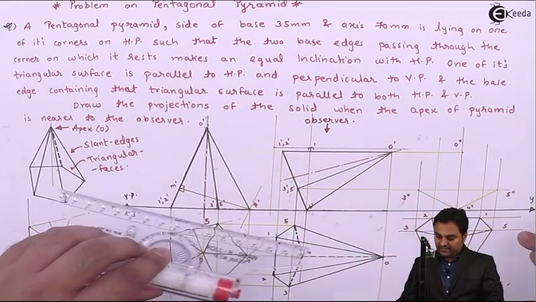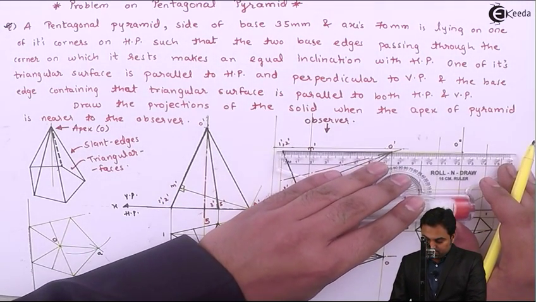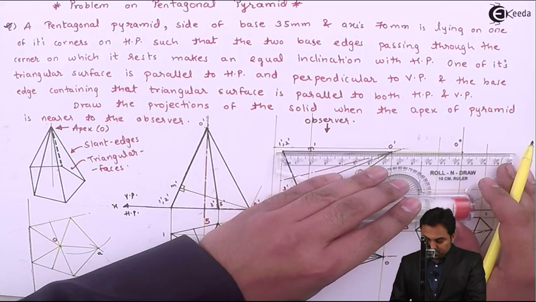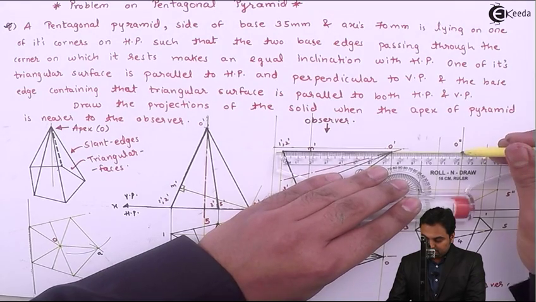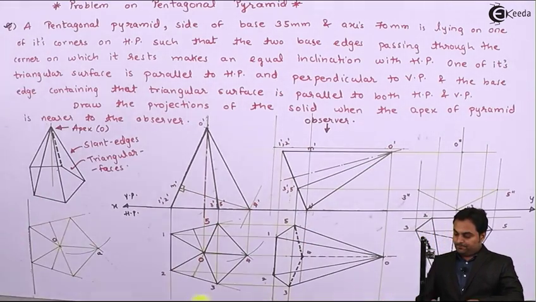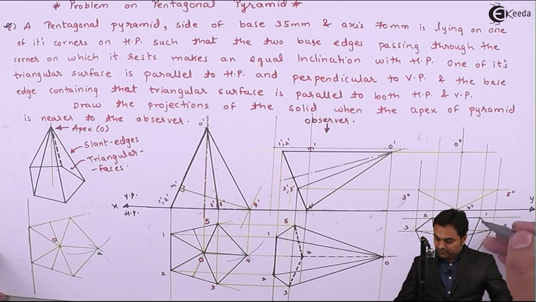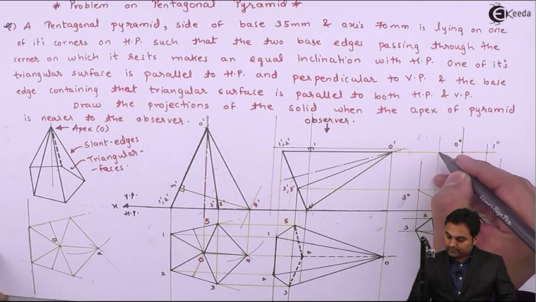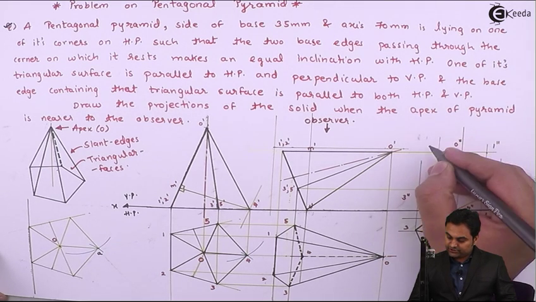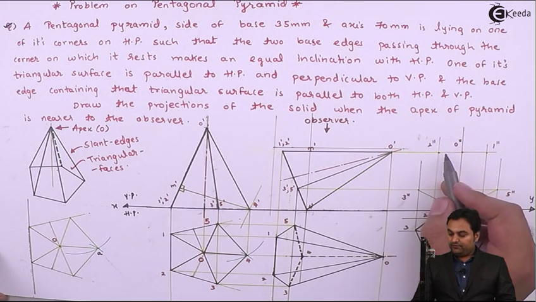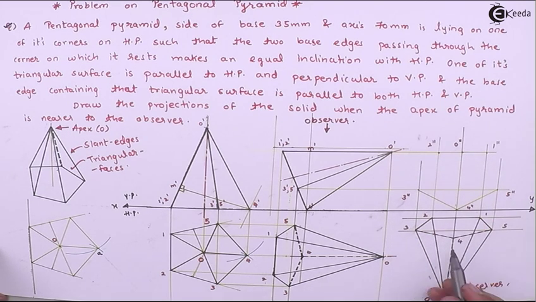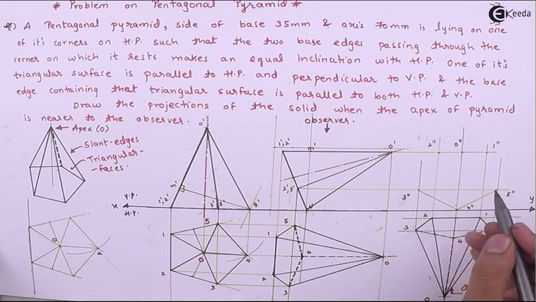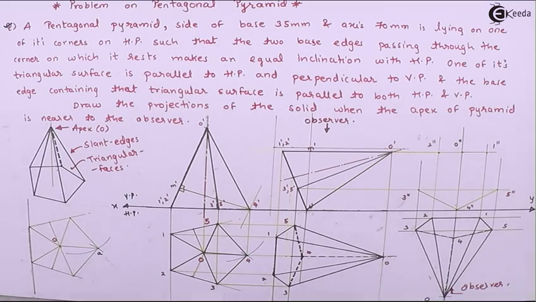Then 1 dash 2 dash, this point is lying on the same line as that of the apex O double dash. So here I'll get 1 double dash, and at this location 2 double dash. It means when I connect this with the help of a line, the triangular face O12 is looking like a line in the front view.